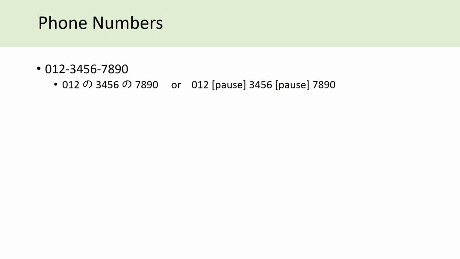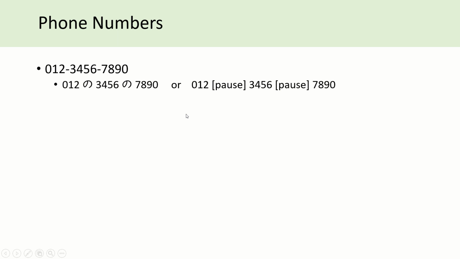There's another situation where we use no frequently, and that's in phone numbers. So if I have this phone number, for example, I pronounce that aloud. I don't typically write no, but if I'm pronouncing the hyphen, I say 012 no 3456 no 7890 is how I would say that. I can also just pause, so I can say 012 3456 7890.